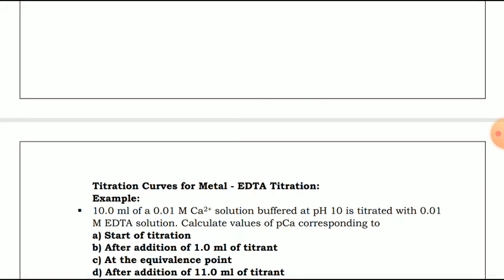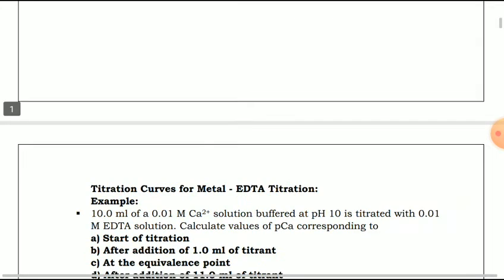In this example, the titrant solution is calcium 2+, which we are taking into the beaker. It will be buffered by adding the pH 10 buffer solution, and in the burette we are going to fill the 0.1 molar EDTA as a titrant solution. These are the four steps.